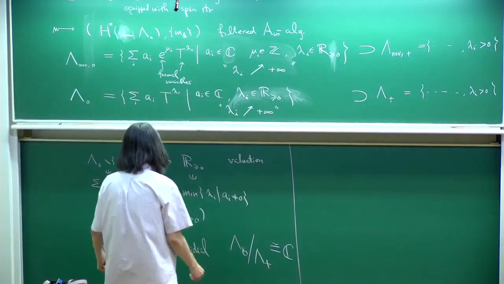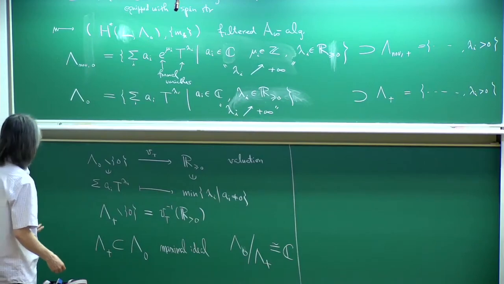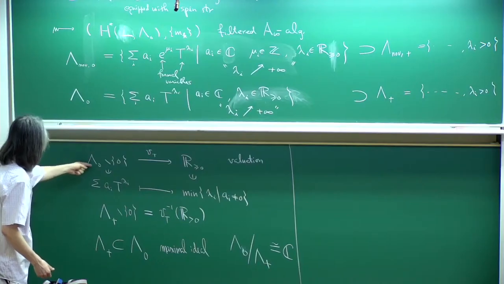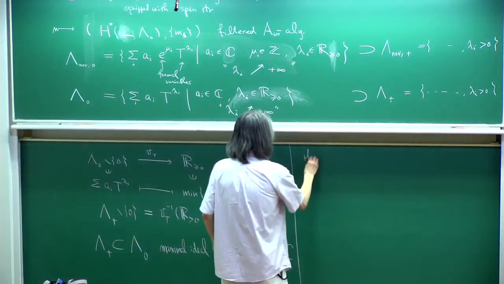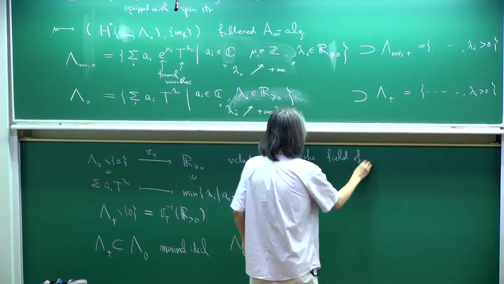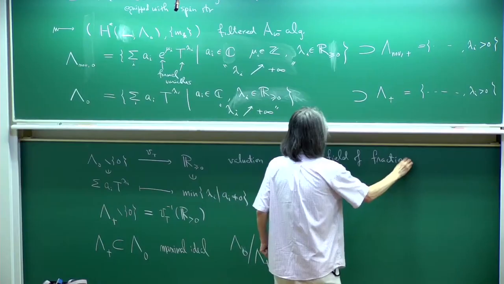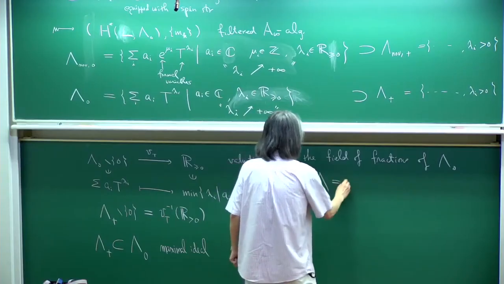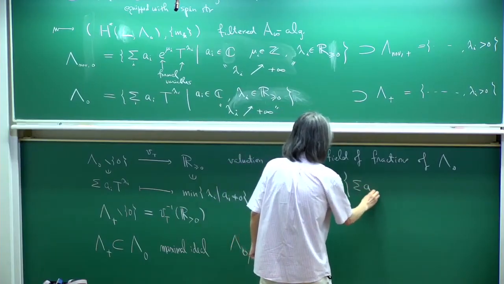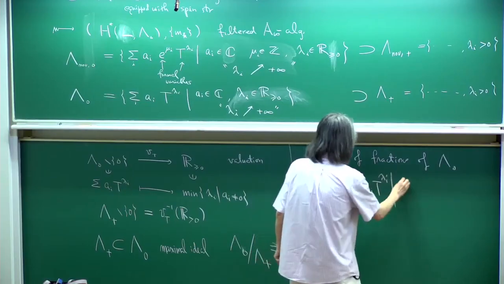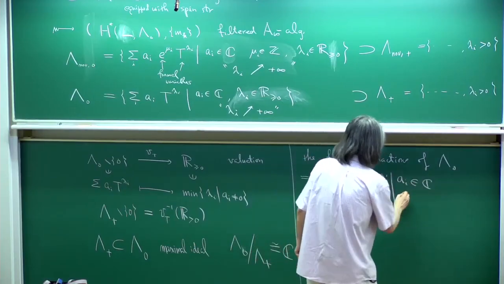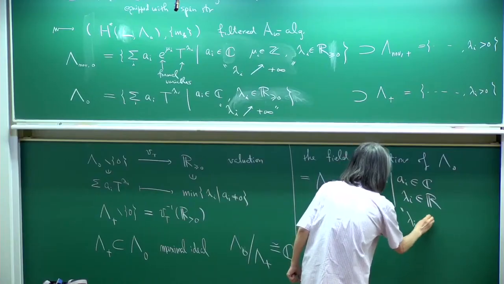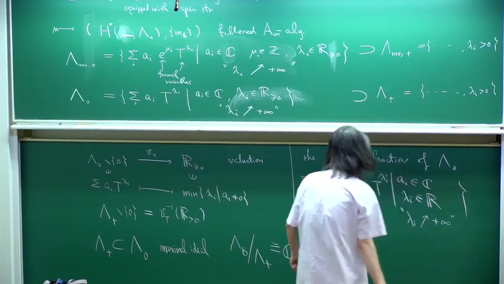And then we can also consider the following. Here we have Lambda_0, and the field of fractions of Lambda_0 is nothing but Lambda, namely the sums a_i T^{lambda_i} with a_i complex numbers and lambda_i real numbers, so that if there are infinitely many terms, lambda_i diverges to infinity.